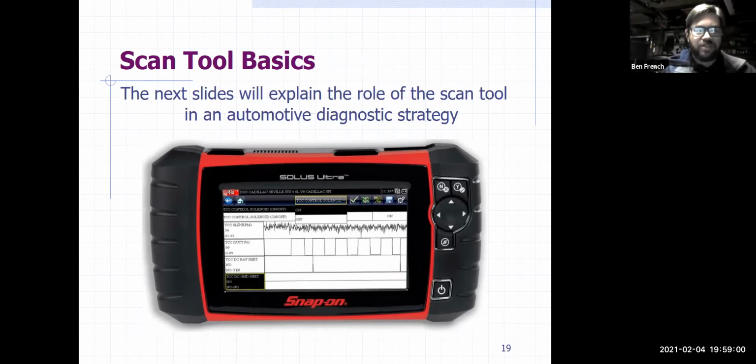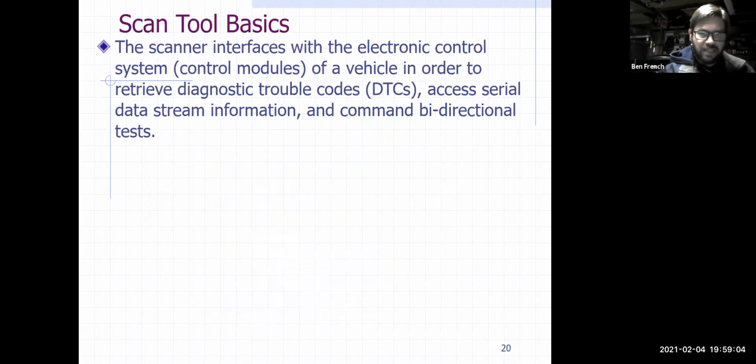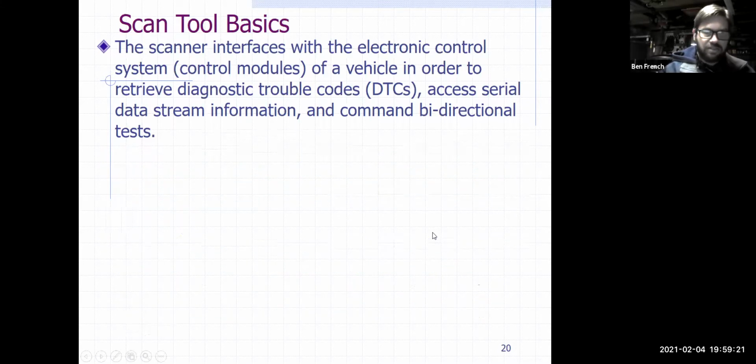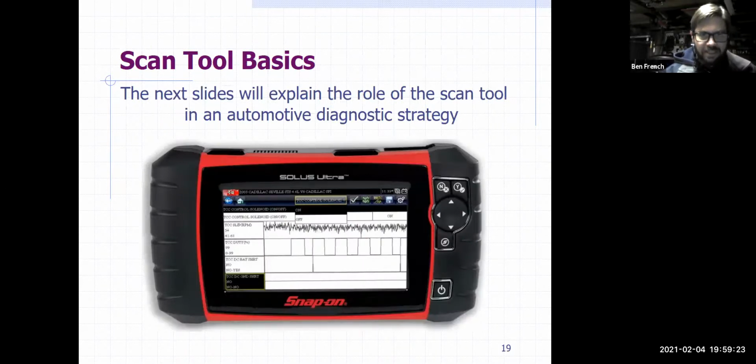This screen happens to be graphing out some data. It is really nice to graph out the data. It just makes it easier to see over time, right? We talked about how your different data parameters, we call those PIDs, right? Parameter identification. What you'll notice is I've entered in a specific vehicle.